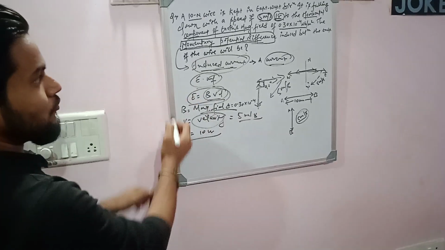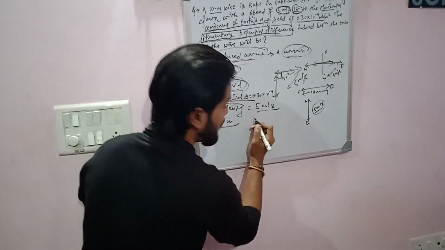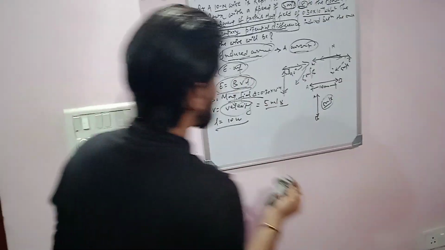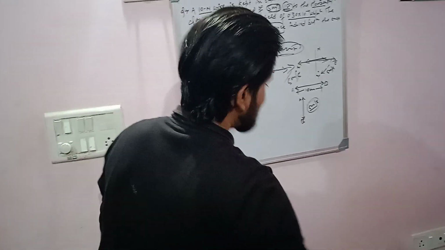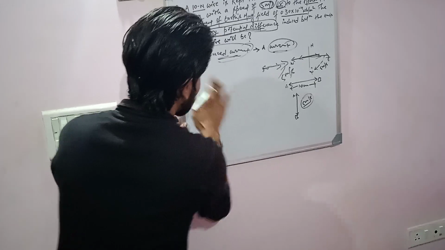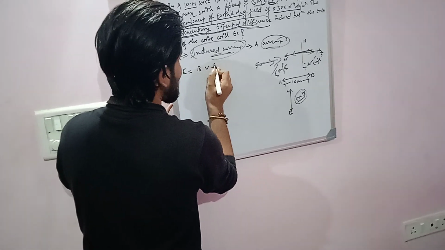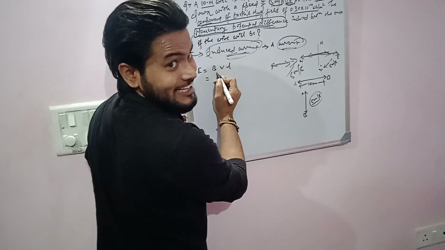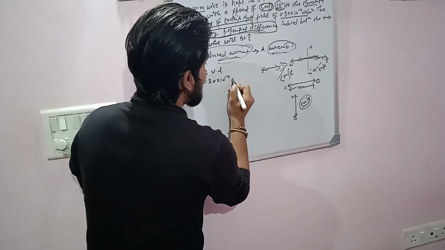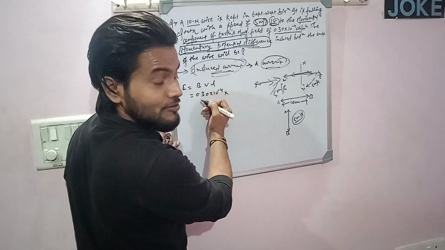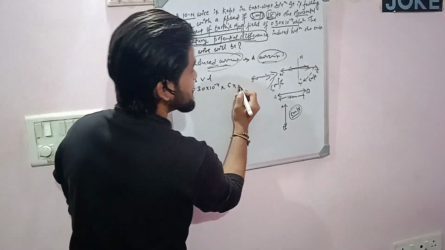Now, what we have to find is the induced EMF in electromagnetic induction. So we directly put in the formula. E is equal to BVL, where B is the magnetic field, 0.30 into 10 to the power minus 4, V is the velocity of the conductor, 5 meter per second, and L is the length of the conductor, 10 meter.